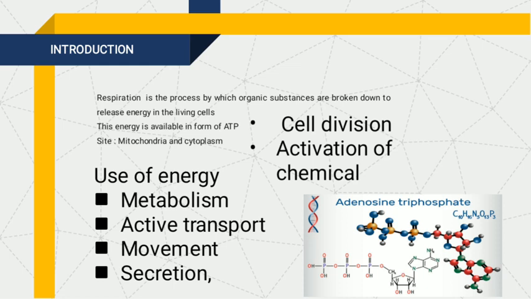Normally, if materials are moving by passive transport, an example is diffusion, they do not require energy. But the moment materials are moving against a concentration gradient, they require energy. One of the examples is active transport, where materials are moving against a concentration gradient.